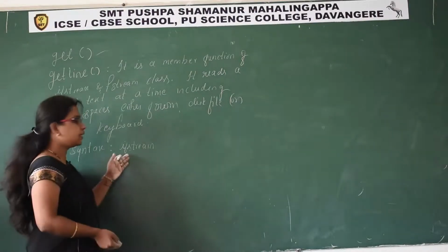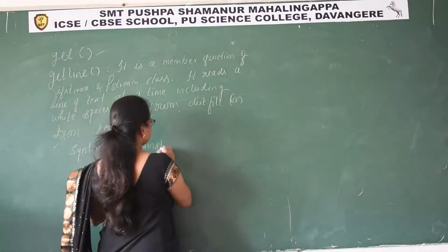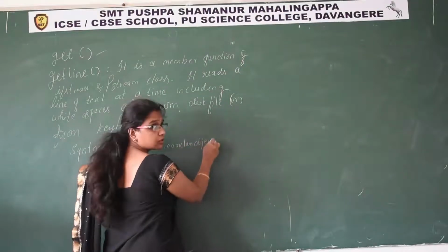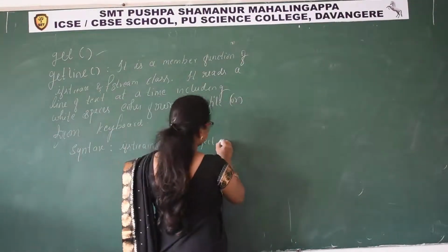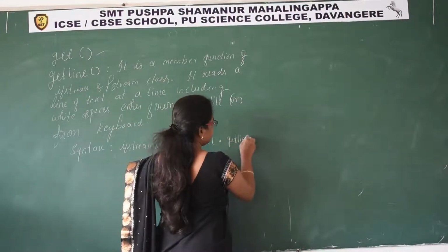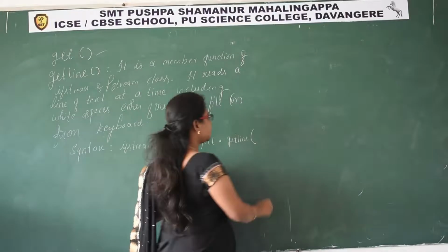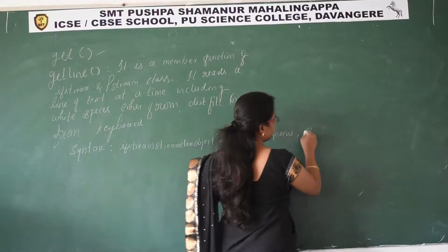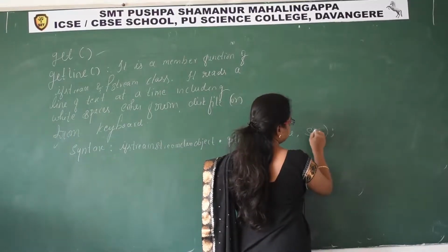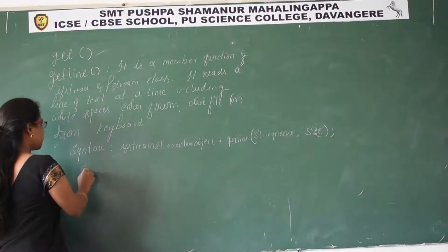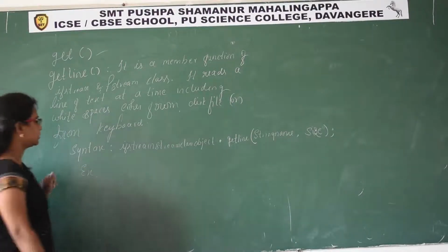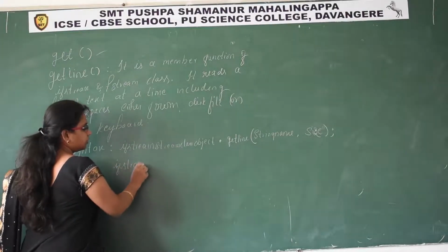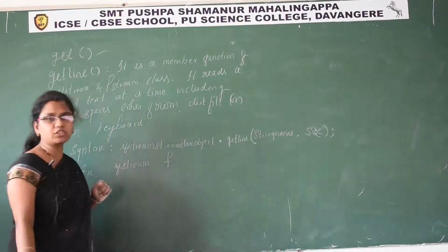So particularly I have taken ifstream here. Syntax: ifstream class object dot getline open parenthesis string name comma size. You have to mention the size here, semicolon. Example, I'll show an example to read a line, one line. So I have to create an object for the ifstream class, ifstream f. I'll open the file in the constructor method.